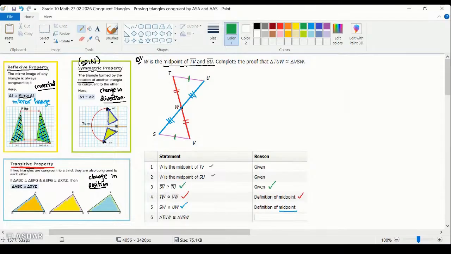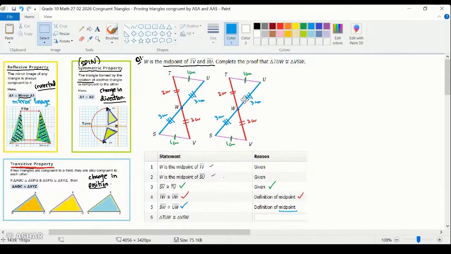So what is given over here? Let's suppose one dash was 1 centimeter, two dashes was 2 centimeters, and three dashes was 3 centimeters each, right? Let me show it to you by copying this diagram. Which property would be used over here?